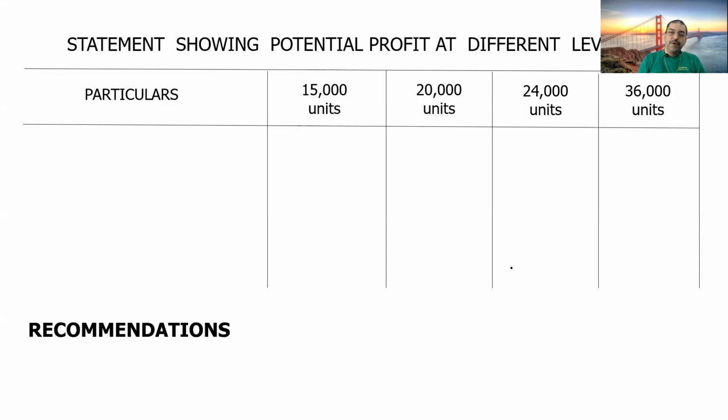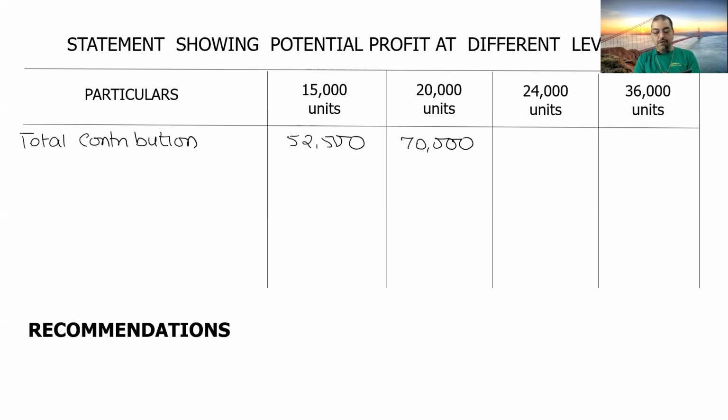Now, contribution per unit we have already calculated. So you will take that, multiply it by the number of units and get total contribution. 3.5 per unit into 15,000 units is 52,500. 3.5 into 20,000 is 70,000. For the next range, it is 2.5.